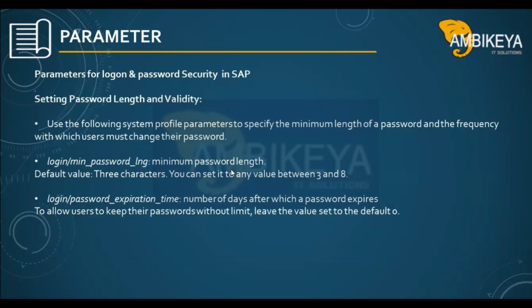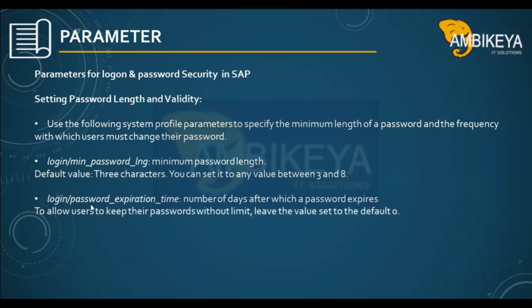You can check every theoretical thing. Then parameters. Whatever password parameters, length and particular things, if you want to keep it alphanumeric and so on, it gets set from particular parameters. So length, expiry time.